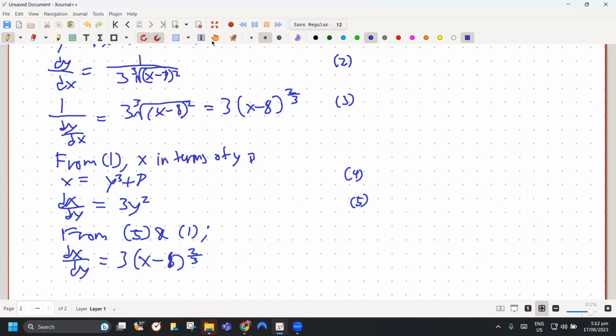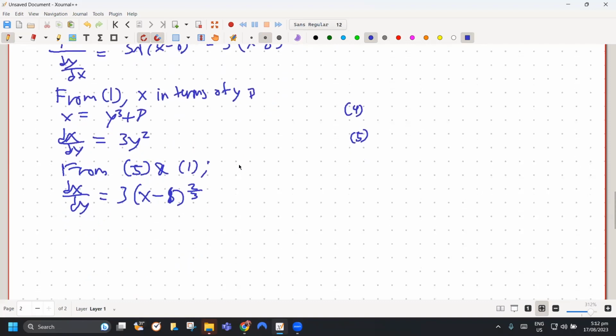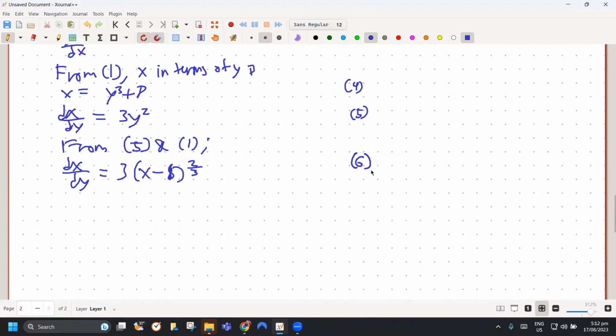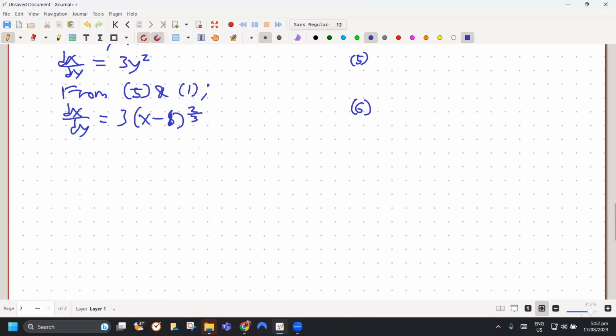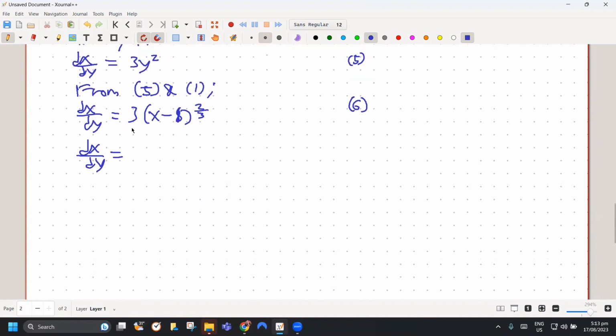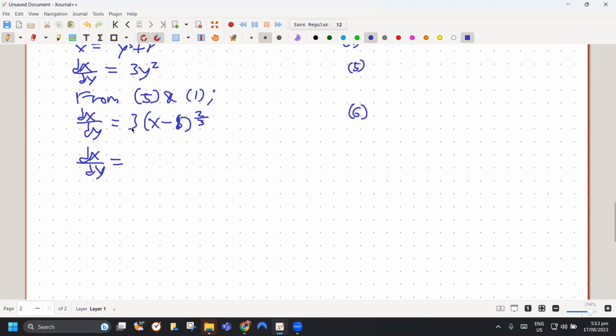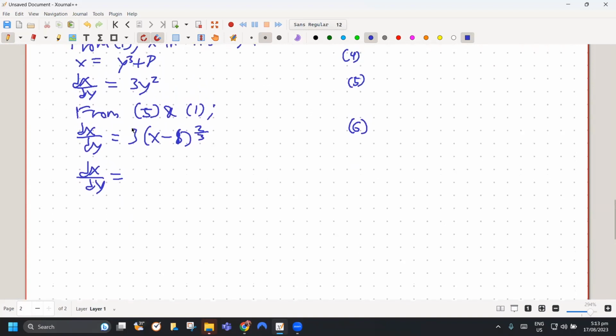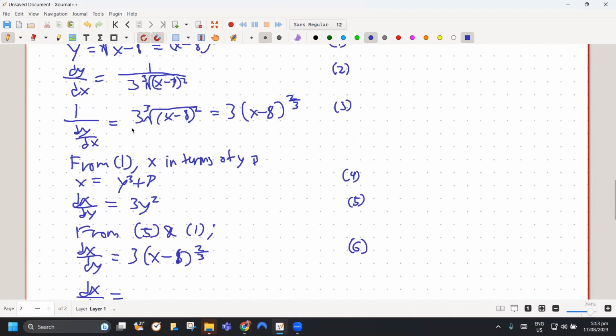So that's equation 6. From 6 and 5, what's the conclusion? You need to write that down, because remember, you're arguing that dx/dy is equal to 1 over dy/dx.